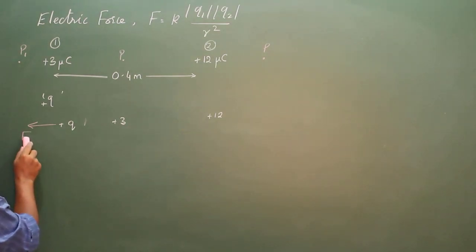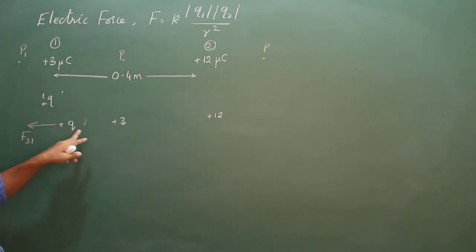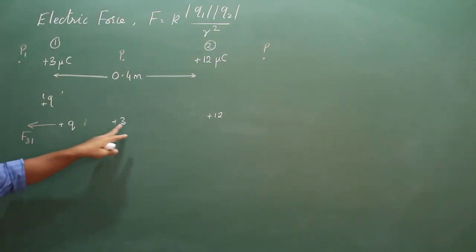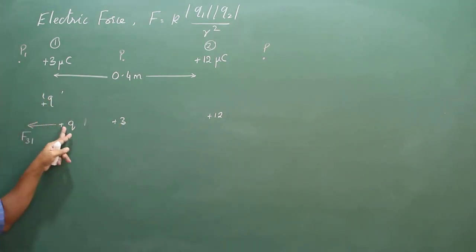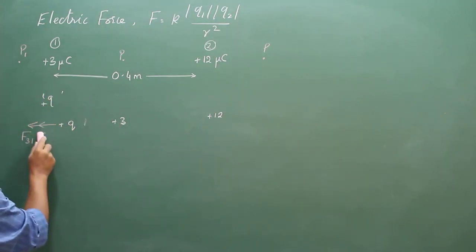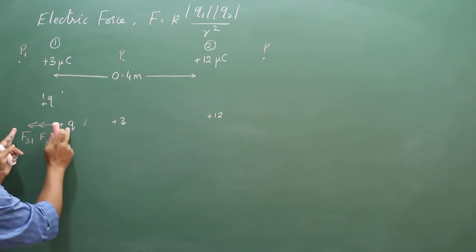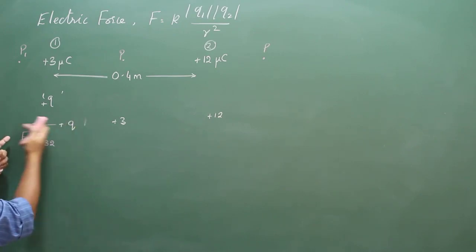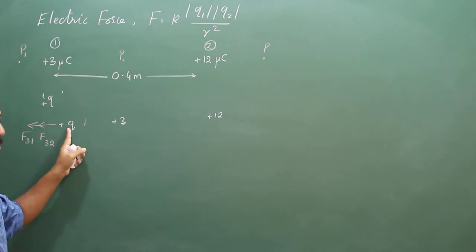I'll write it as F31. This is my third charge and it experiences a force due to the first charge. And plus 12 will also repel it with a force, say F32. Now if you look at this position, this charge is experiencing a net force towards this direction, so it will accelerate in that direction. It can never experience a zero force.